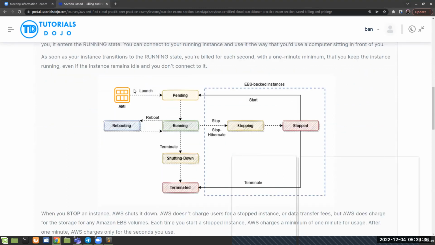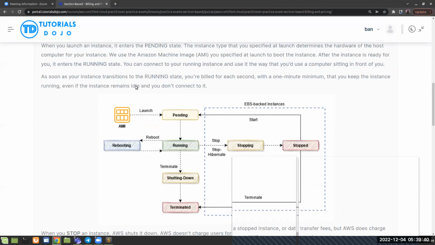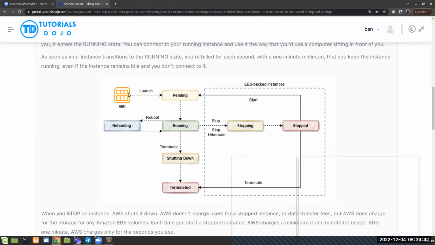So the point is, there are different stages an EC2 instance goes through, right? Before you create an EC2 instance, you always need an AMI. Think of the AMI as what carries the software; in this case, the software is the operating system that you need to install.